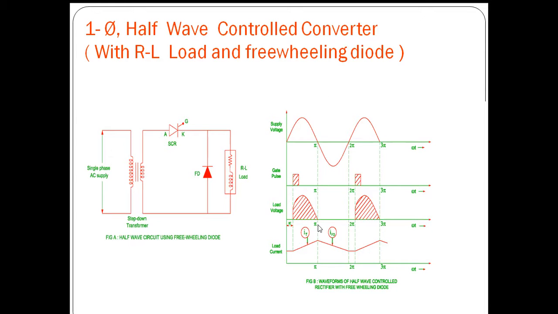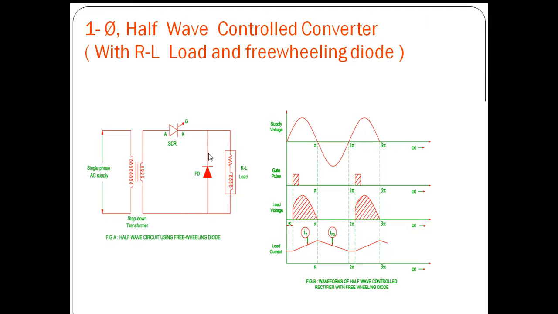From pi onwards, the inductor has stored energy. As soon as the supply is reverse biased after pi, the stored energy in the inductor allows the current to flow in the same direction through the load.